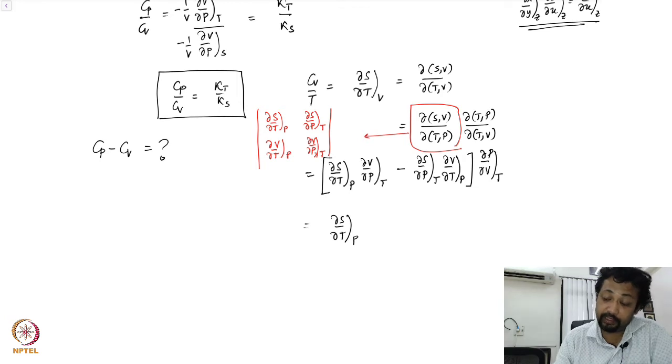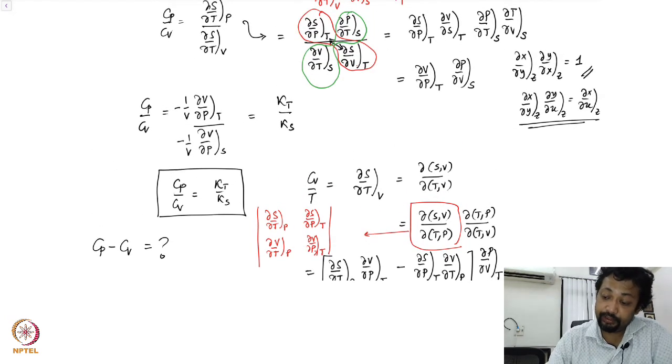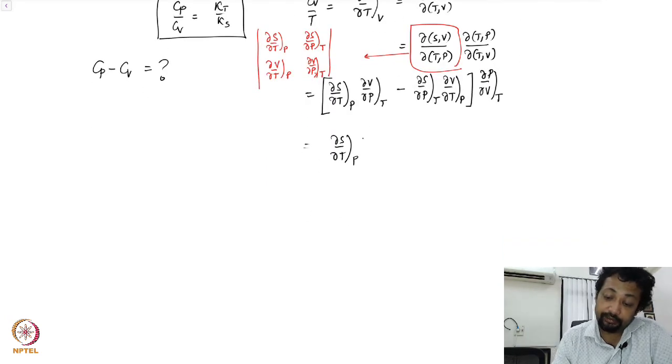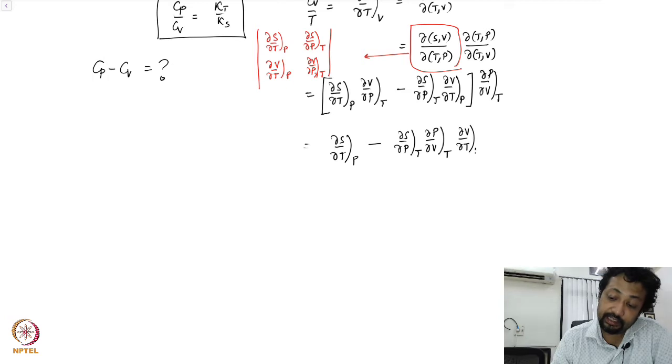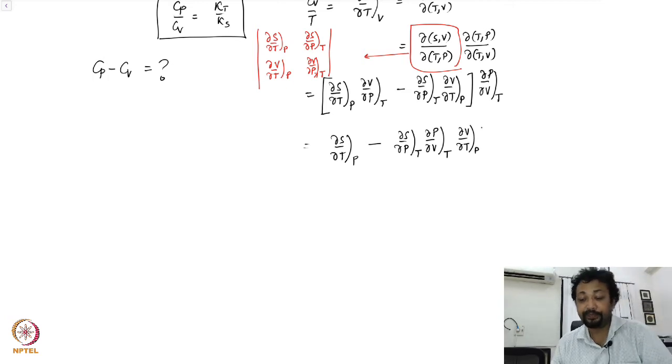If I open the bracket, this multiplies with this, and if you use this relation over here, then essentially I have del S del T pressure constant minus del S del P temperature constant, del P del V temperature constant, del V del T pressure constant, right?